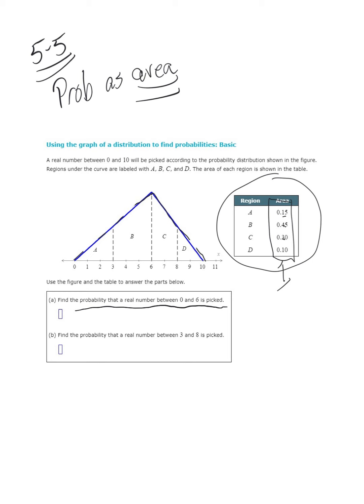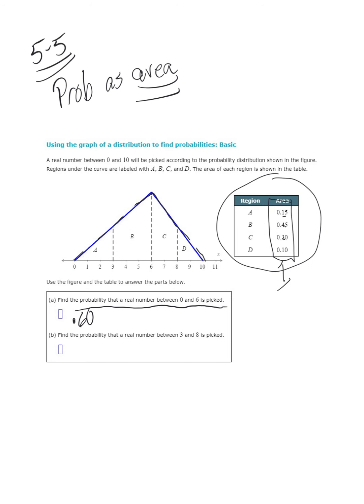Okay, so I can do that by looking here, because A is from 0 to 3 and B is from 3 up to 6. So what's the area of A and B? A and B comes out to be 0.1 plus 0.45. So that's going to add up to 0.6.